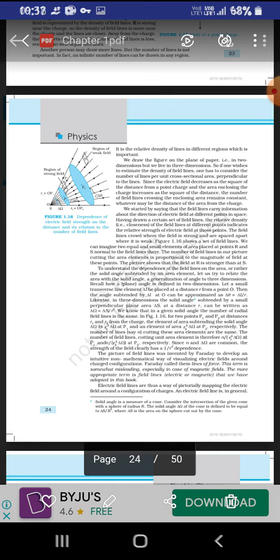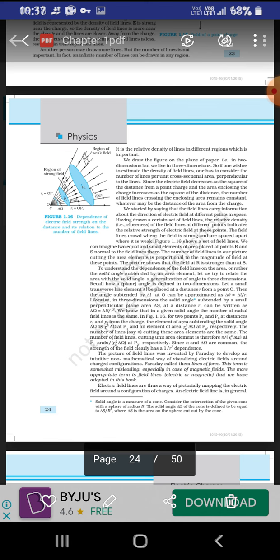Since the electric field decreases as the square of the distance from the point charge, and the area enclosing the charge increases as the square of the distance, the number of field lines crossing the enclosing area remains constant. So this is the dependence of electric field strength on the distance.